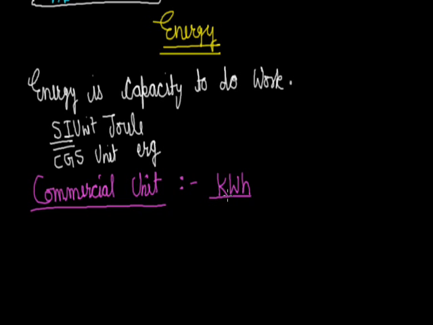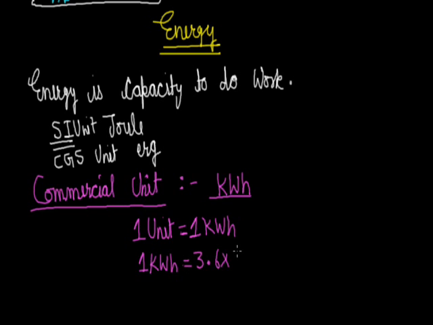For example, electric energy used during a month is expressed in terms of units. Here, 1 unit means 1 kilowatt hour. And 1 kilowatt hour equals 3.6 into 10 to power 6 joule.